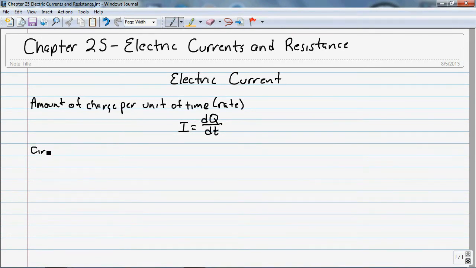So a circuit is just a connection of multiple electric parts.